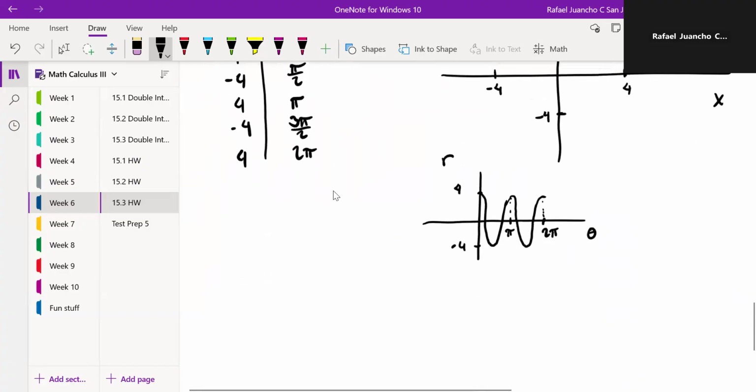What am I saying? That thing here is pi fourth. So, oh, when's my r 0?